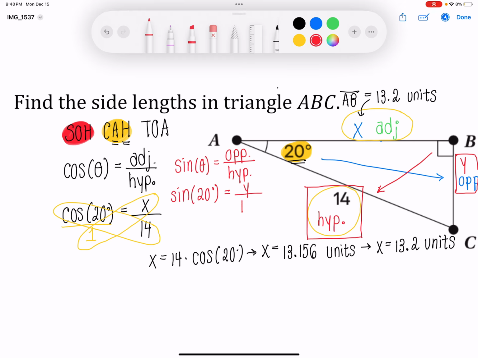is 14. And again, we're going to put that invisible 1 underneath sine of 20, and we're going to cross multiply. And once we do that, we can see that y is equal to 14 times sine of 20.